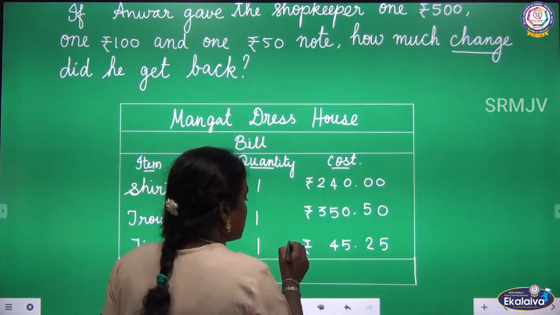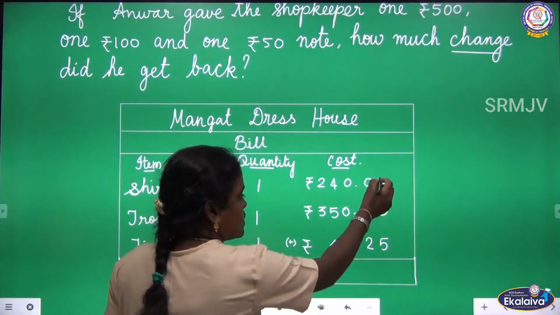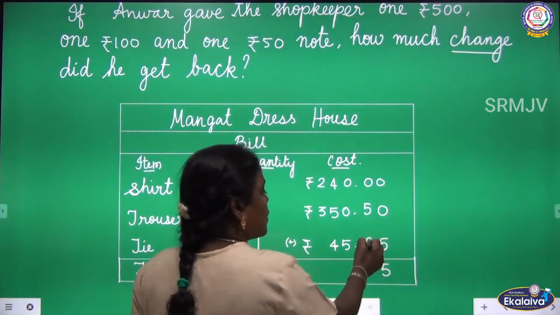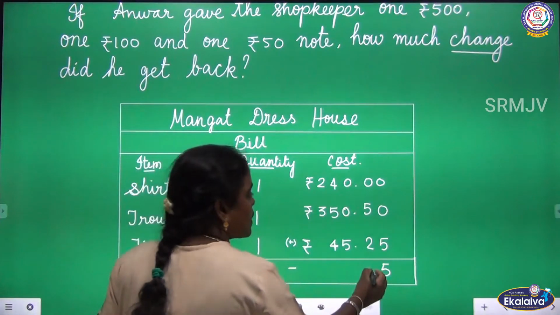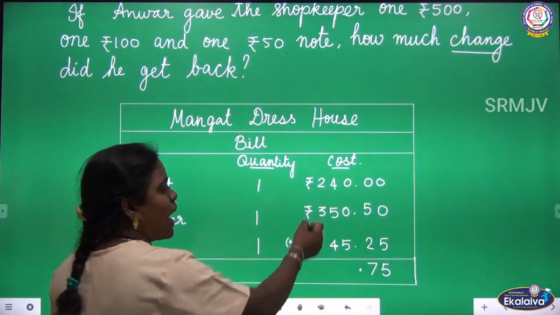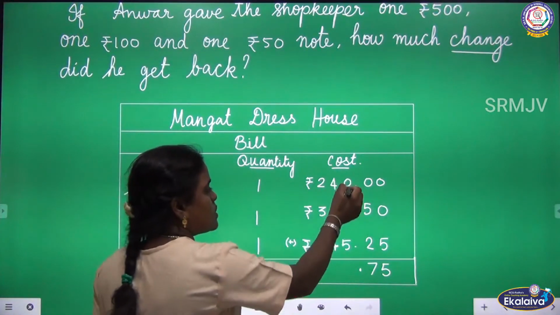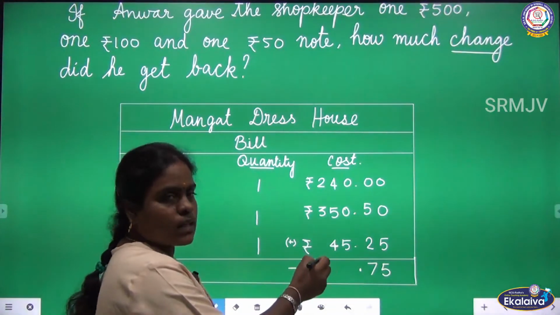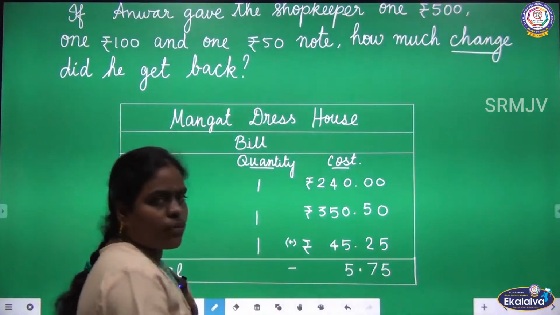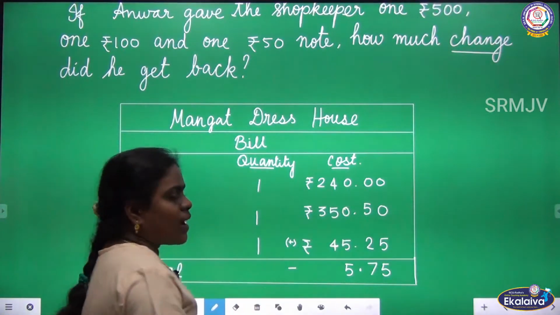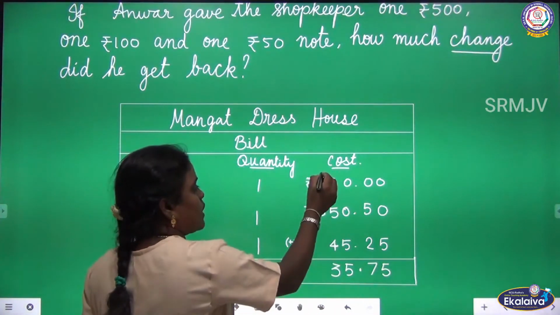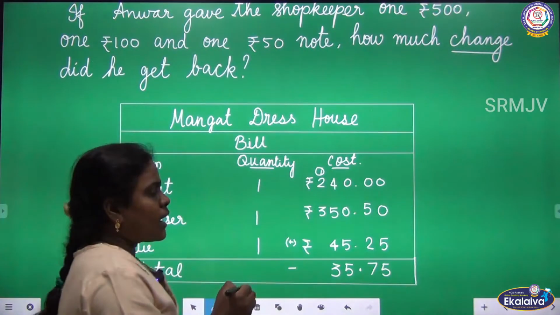Let us add all these amounts. 0 plus 5, it is 5. 5 plus 2, 7. 7 plus 0, 7. Decimal point. Now add the rupees column. 0 plus 0, it is 0, and if you add 5 with 0 you will get 5, and 4 plus 5, 9, 9 plus 4, 13, 3 and 1 is the carryover.